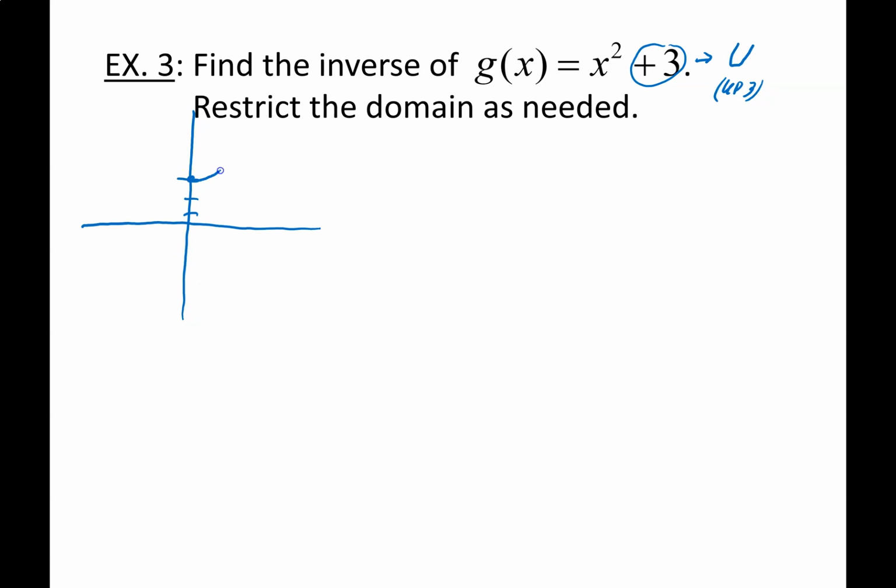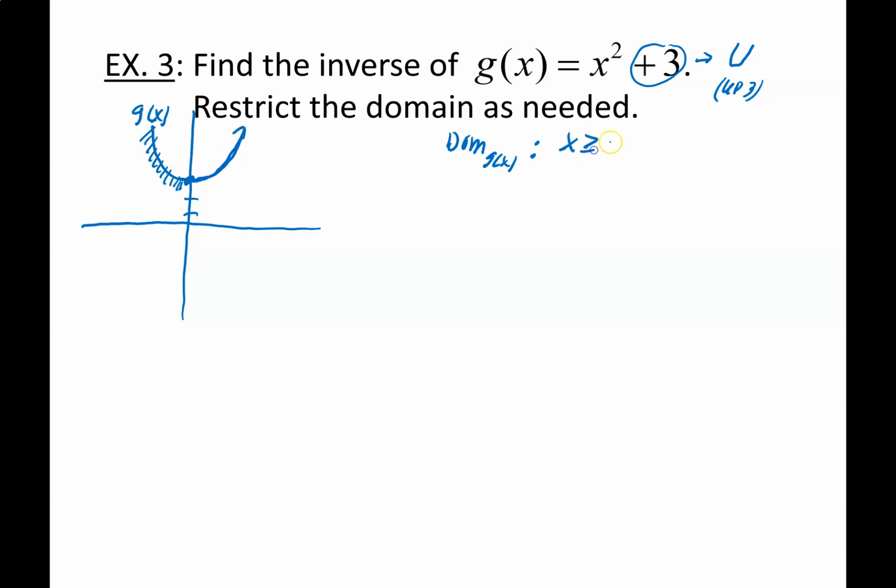So before I get crazy and start trying to find my inverse, I'm going to restrict the domain. My domain of g of x, and I'm going to write this as a little subscript here, is basically I want to cut off the left side of it. I'm only going to keep from 0 to infinity.